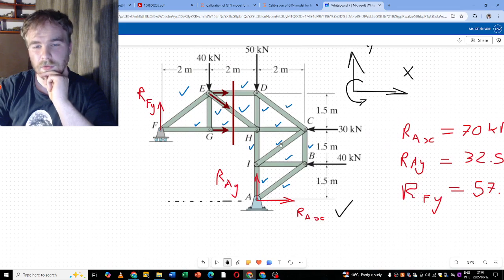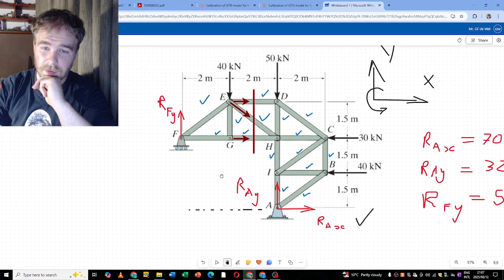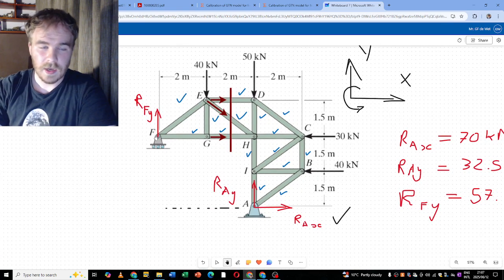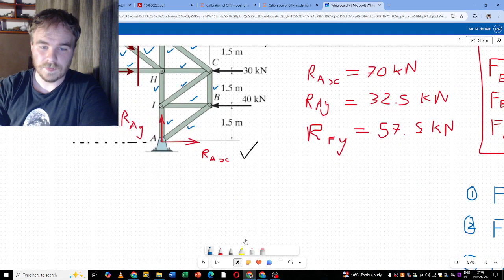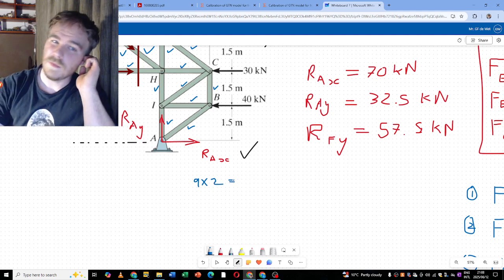Okay, do we have all of the forces now? This one, 2, 3, 4, 5, 6, 7, 8, 9, 10, 11, 12, 13, 14, 15. Great, it seems like we have all of them now. And how many joints do we have? We have 1, 2, 3, 4, 5, 6, 7, 8, 9. Nine joints. For every joint we're going to get two equations, so it's 9 times 2, because we can't get moment equations now.